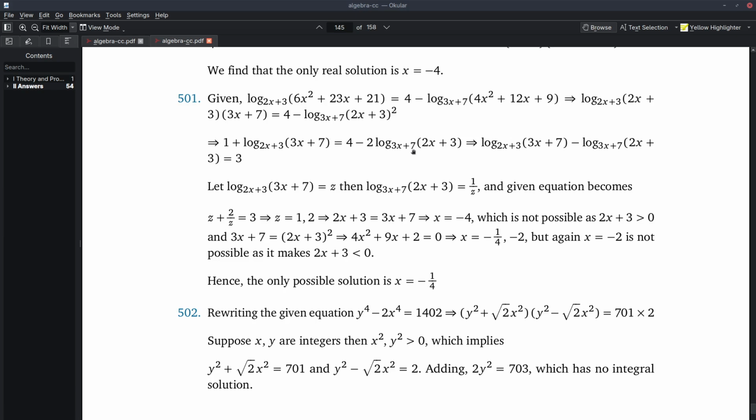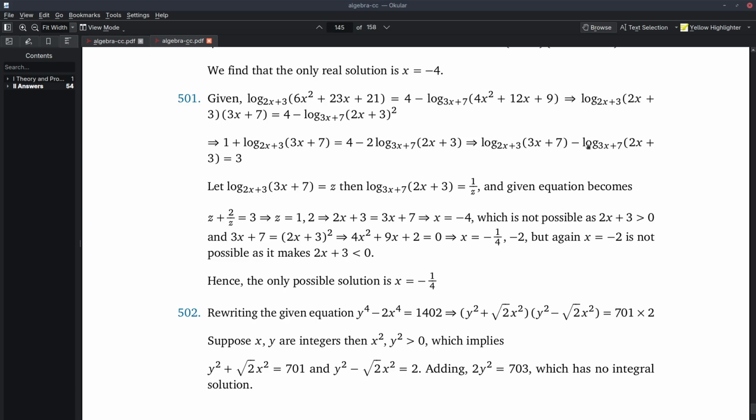Now on the left hand side we bring this to left hand side, and it becomes log of 3x plus 7 with base 2x plus 3 minus log of 2x plus 3 with base 3x plus 7. Okay, so there is something wrong here.